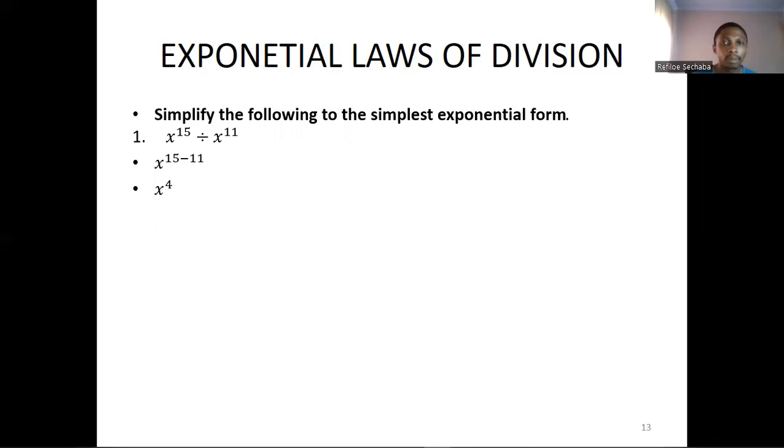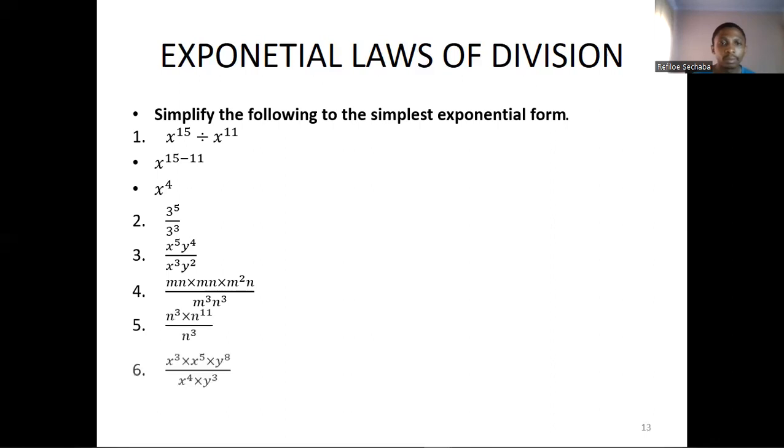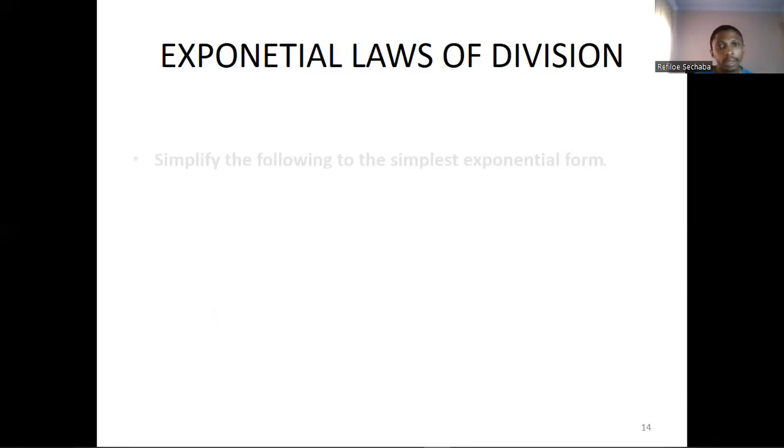All right, try these ones. Number 2, you're dividing the same bases.